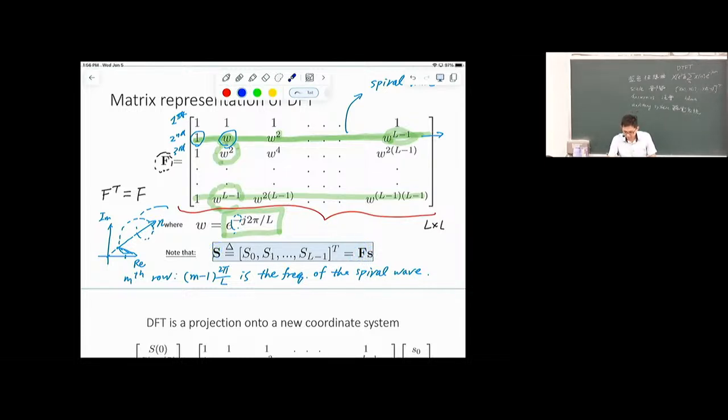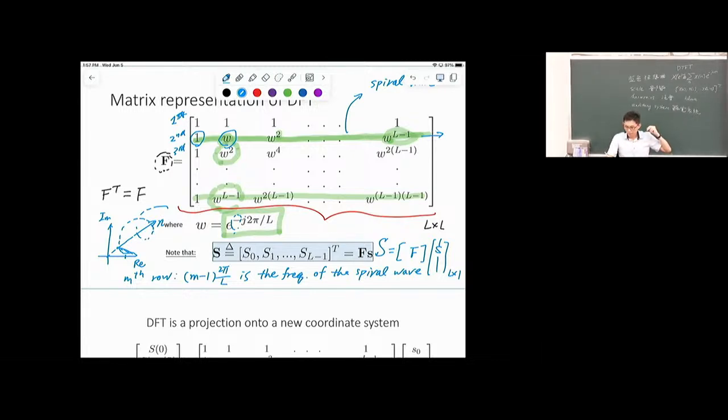If small s is L times 1, a column vector, and now we multiply it from the left with the matrix F, which is a square matrix, what's the result? The result, big S, is also a column vector, right? It's an L dimension to L dimensional linear transformation.